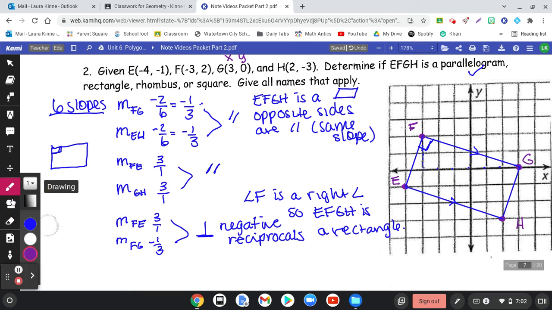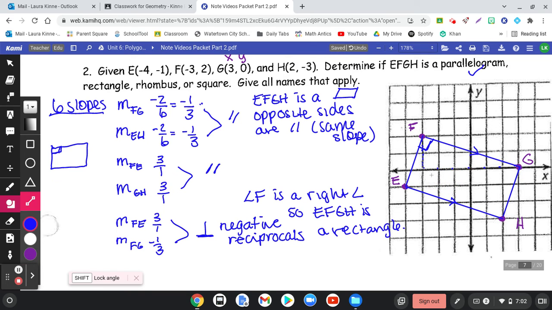Let's grab the line this time. But again, you could also do distance to show that it's a rhombus or not. If you want to quickly do the Pythagorean theorem, 6 squared plus 2 squared equals x squared, and show that the 2 sides are not congruent, and so it's not a rhombus, you can do it that way. Or you can show that these 2 lines are not perpendicular, because a rhombus has perpendicular diagonals.